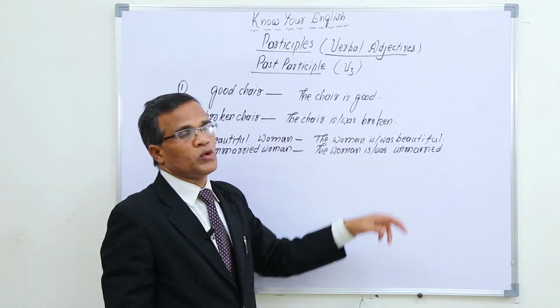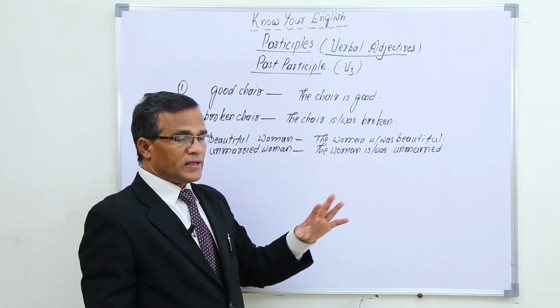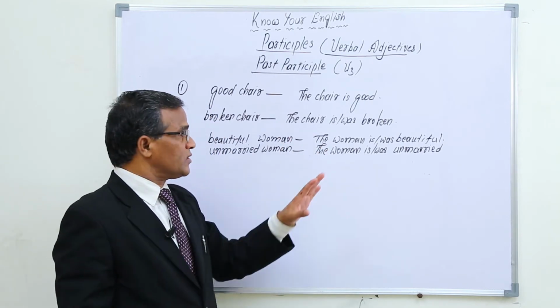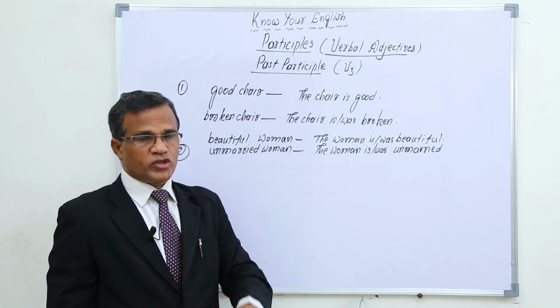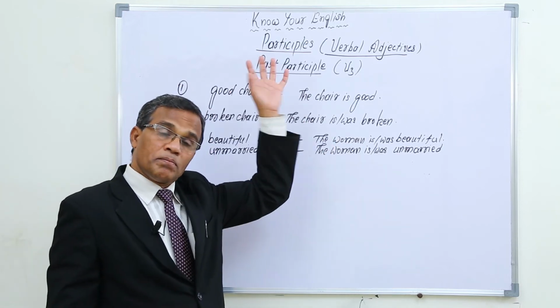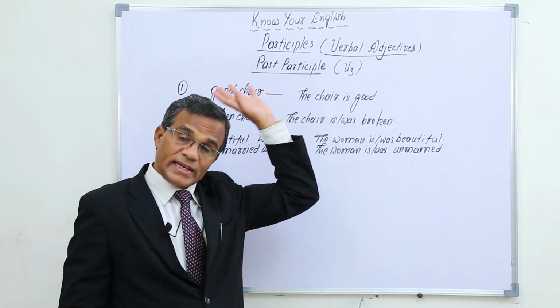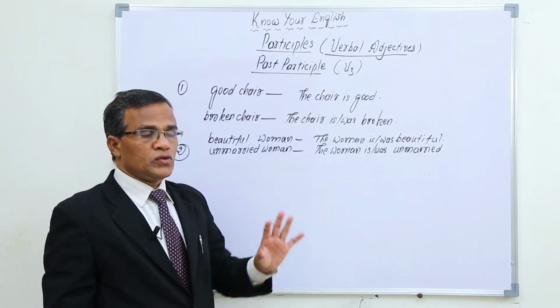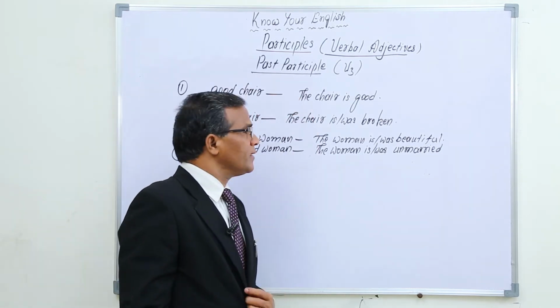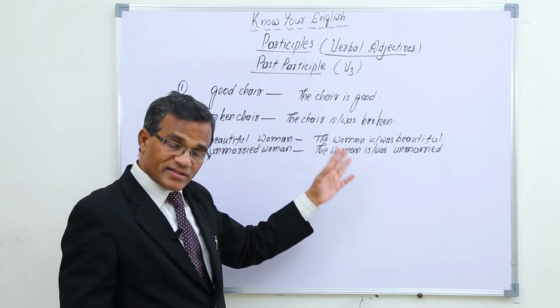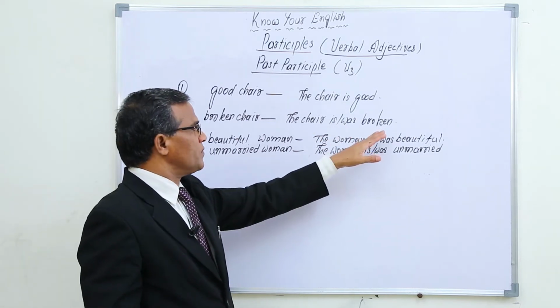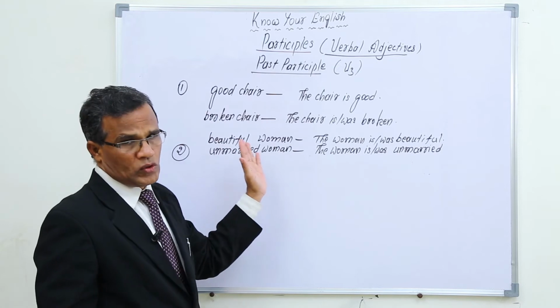The chair was broken. If we are talking about the present, the chair is in broken condition. If we are talking about the past, the chair was in broken condition. To give such meaning, we use it as an adjective after be forms or before a noun also.